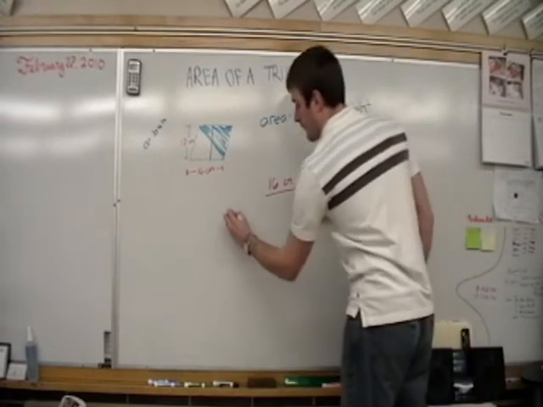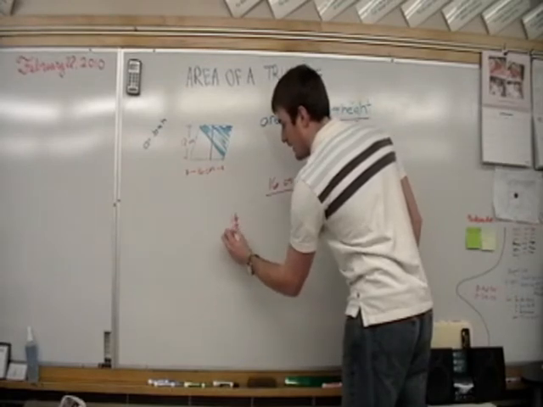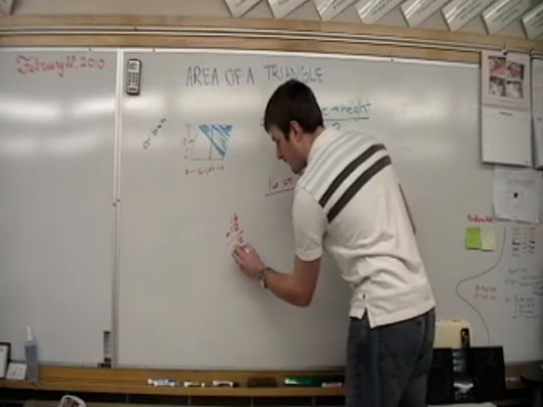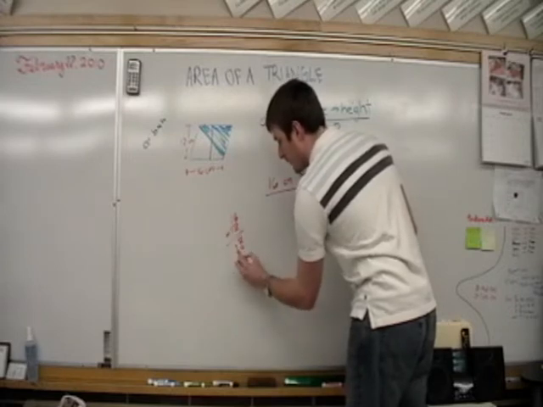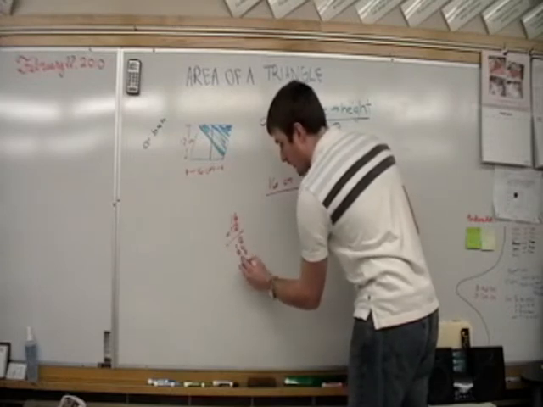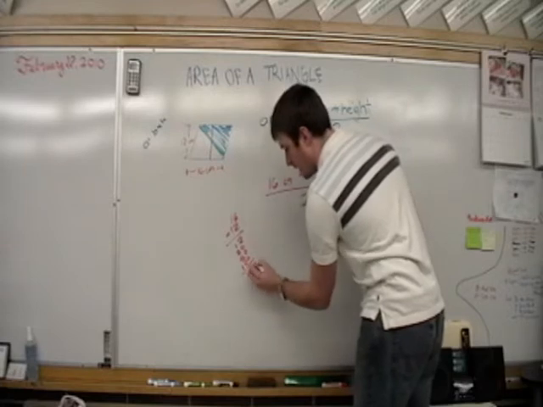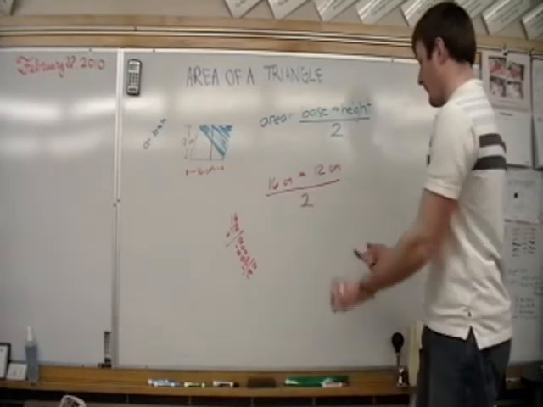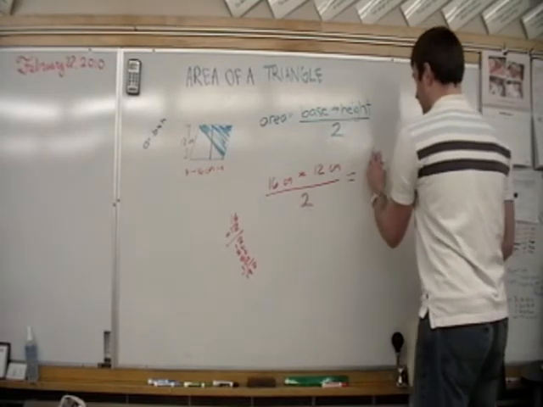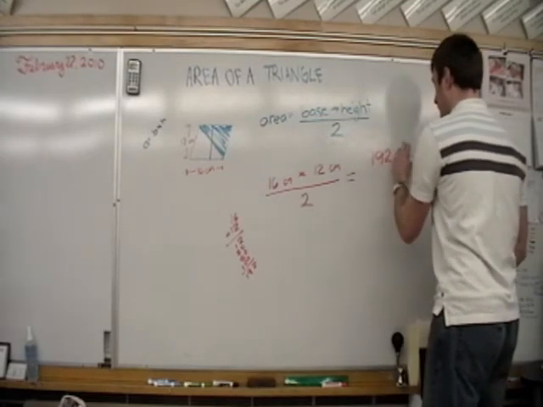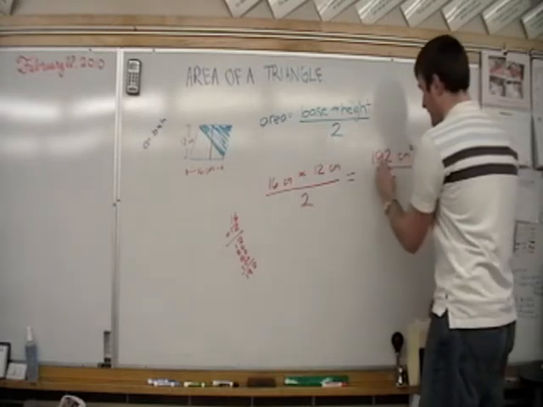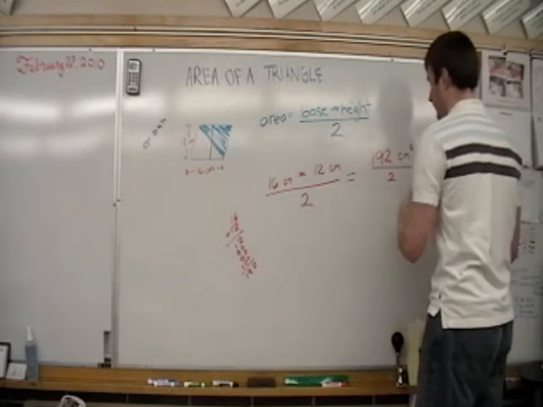So we'll just do that over the side. 16 times 12, again using partial products. 2 times 6 is 12, 2 times 10 is 20, 10 times 6 is 60, and 10 times 10 is 100. Okay, we added up to 192. So this really equals 192 centimeters squared, divided by 2.